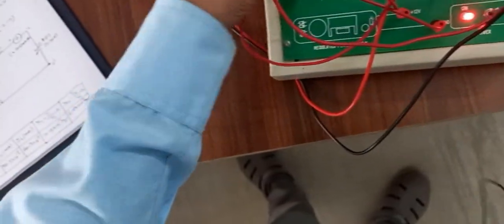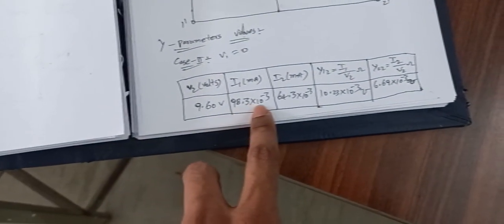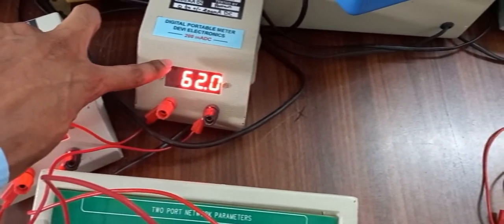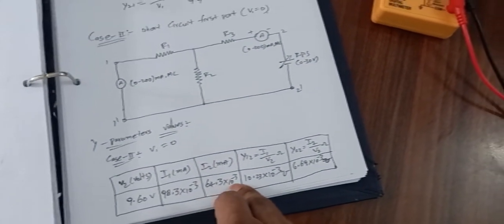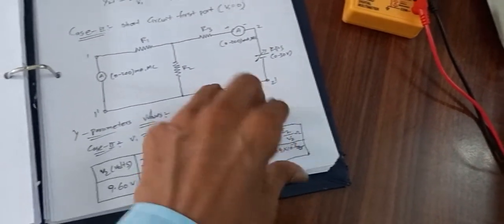And the I1 current is this one, because here I have connected the meter for I1 current, so that one is 94.2 this time, but previously I got 98.3 into 10 to the power minus 3. And here I2 is approximately 62, but previously I got 64.3 into 10 to the power minus 3. From that we calculated Y12 and Y22. We got it.